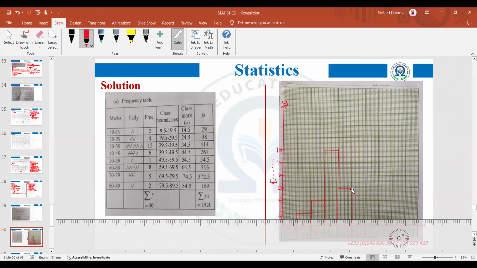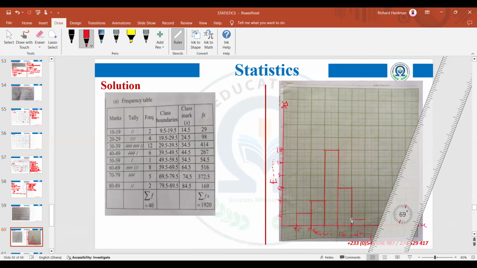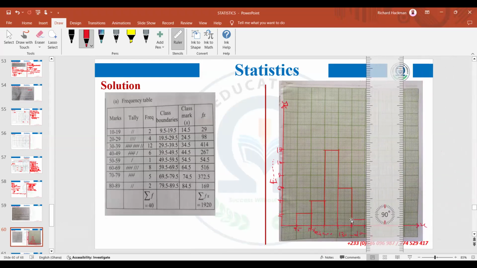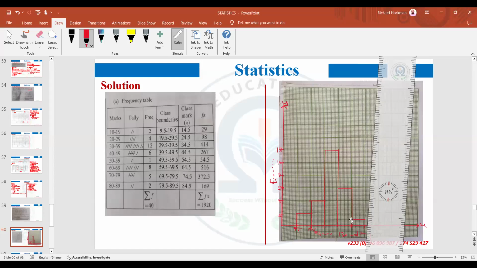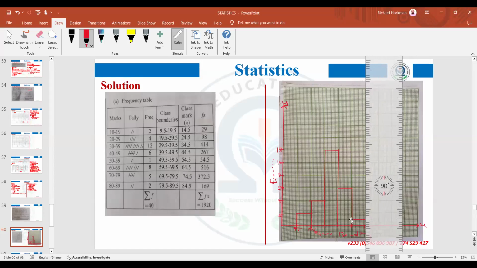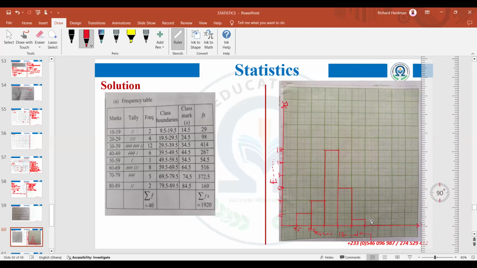That's supposed to be the 1 centimeter line. And so you continue till you get to the last one. Is that clear?